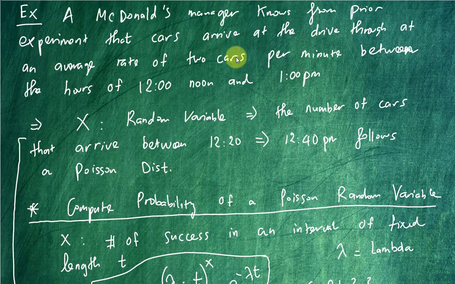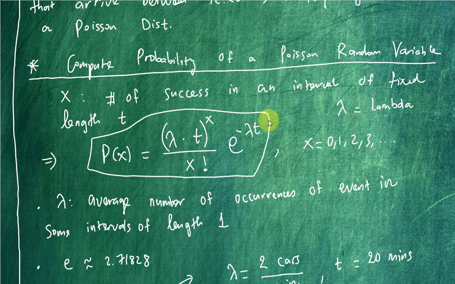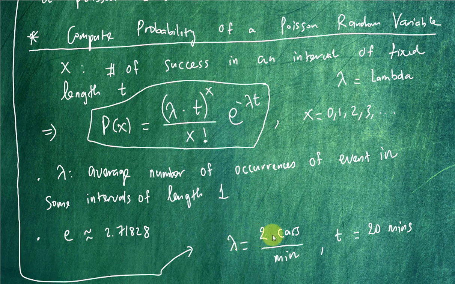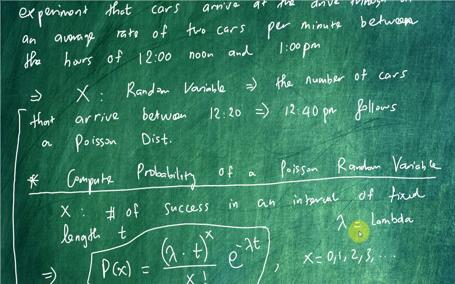So for example, go back to this problem here. We have the average rate of 2 cars per minute between the hours 12 noon and 1 p.m. So in this case, lambda should be 2 cars per minute, and lambda is the average number of occurrences. The timing here is 20 minutes because we have 12:20 to 12:40.